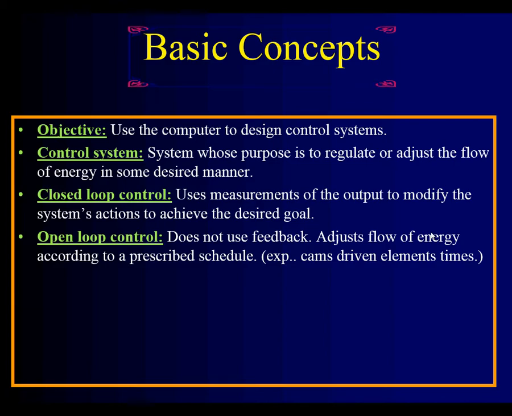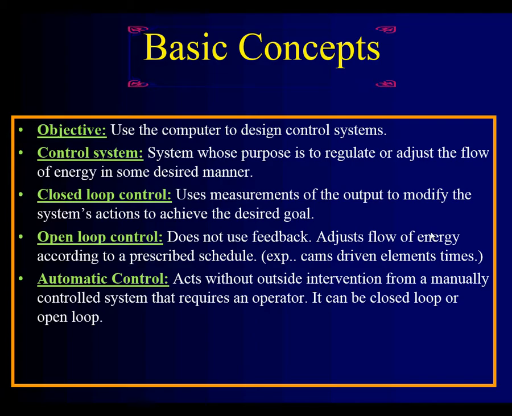If you have a light that turns on at 6 o'clock and then turns off at 10, let's say it's a porch light, that is a perfect example of an open loop system. Between 6 and 10 o'clock, there's no feedback asking whether the light is on or off. It's pre-programmed one time, flip the switch on or off. That is open loop control.